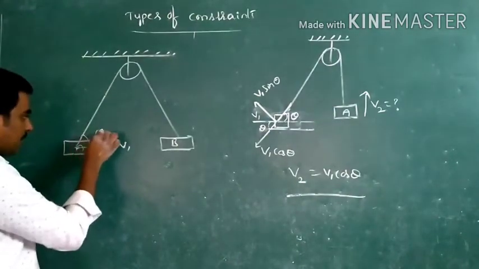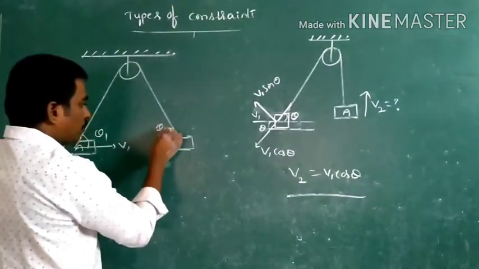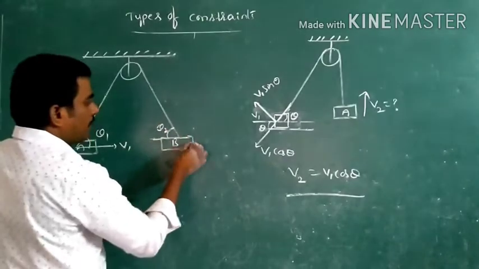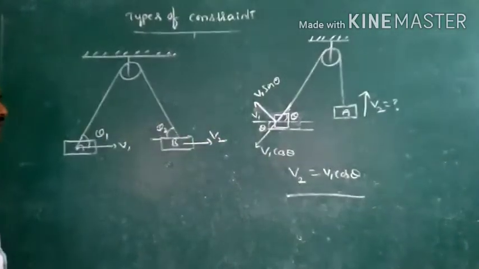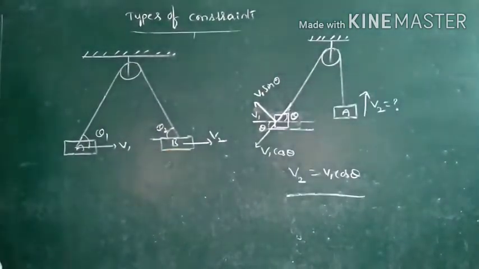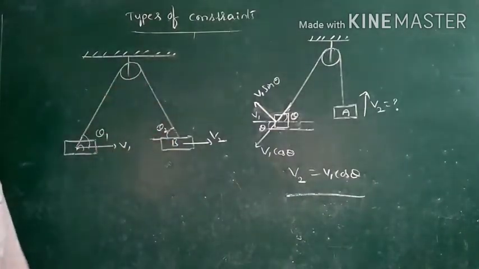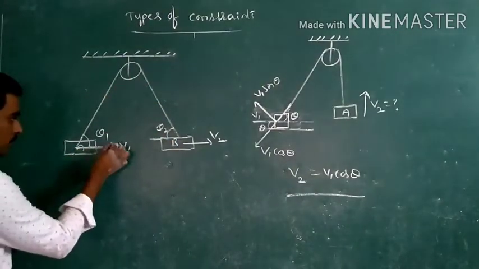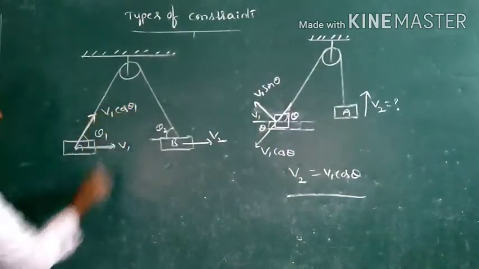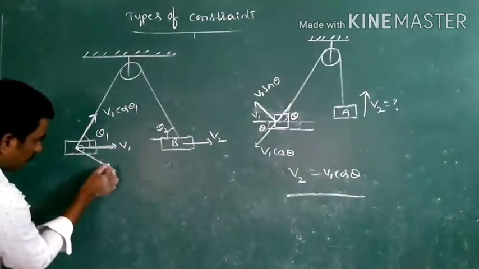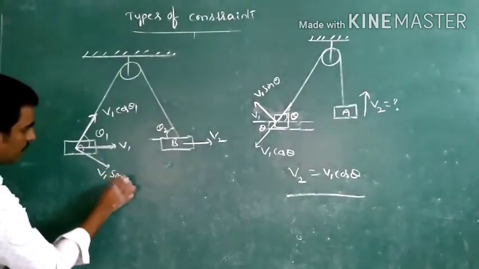This one makes an angle theta1 with the horizontal, and this one makes an angle theta2 with the horizontal. This one moves in this direction. Now what is the velocity of this block? So the velocities along the line joining are equal. So this one can resolve into two components. This is one component, v1 cos theta1. For that, perpendicular, this is one more component, v1 sin theta1.